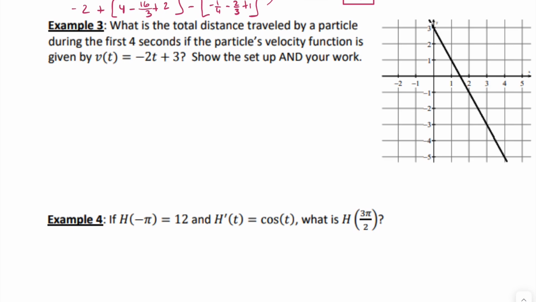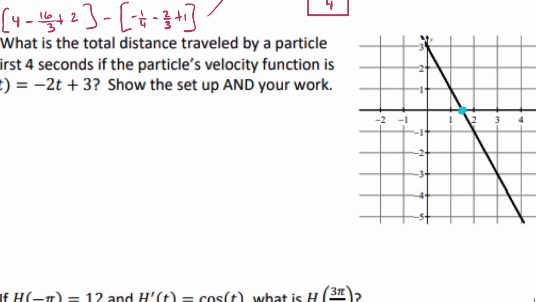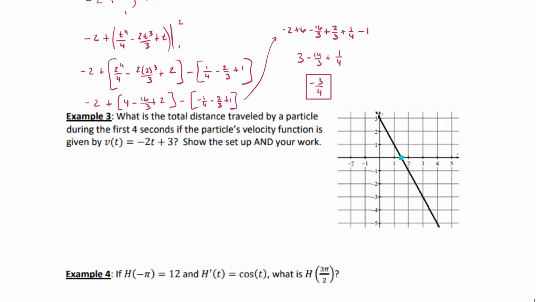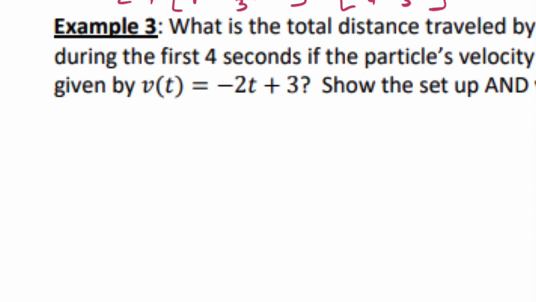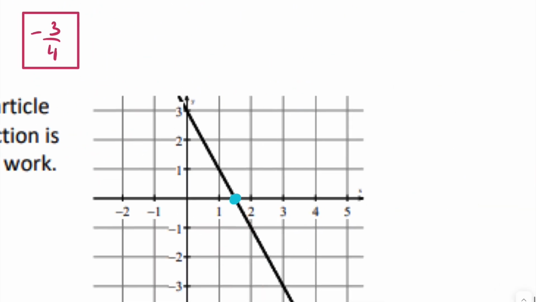What is the total distance traveled by a particle during the first 4 seconds? Here we're going to, again, break this apart. We want to know the area between the curve. So when does negative 2t plus 3 equal 0? Negative 2t equals negative 3. T is 3/2. 3/2 is the breaking point here.